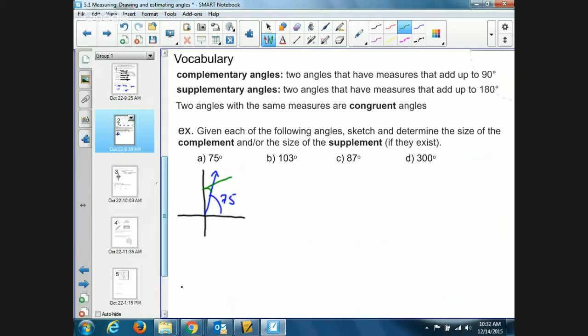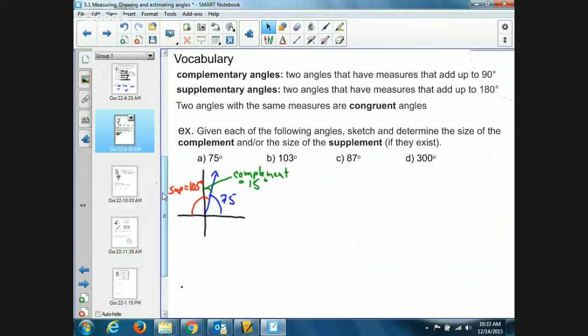So the complement is equal to 15 degrees. The supplement, on the other hand, is 180 minus 75. The supplement equals 105 degrees. Make sure you have that little circle.